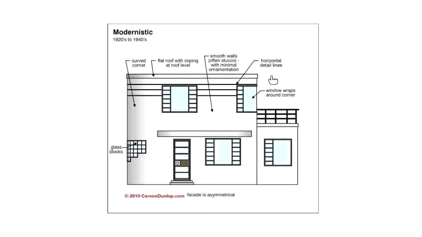So when we get into the modern houses, they're doing a flat roof and smooth walls. So this was meant to reflect the machine age, and what was happening with machine age was airplanes and fast cars. And so a lot of these houses were very sleek.